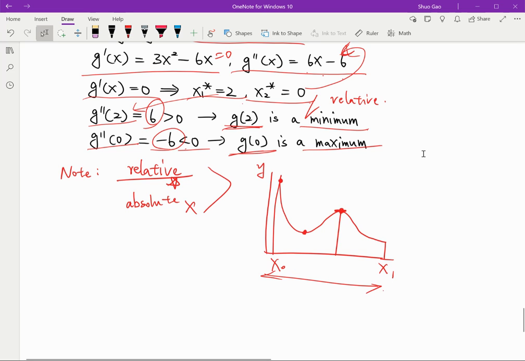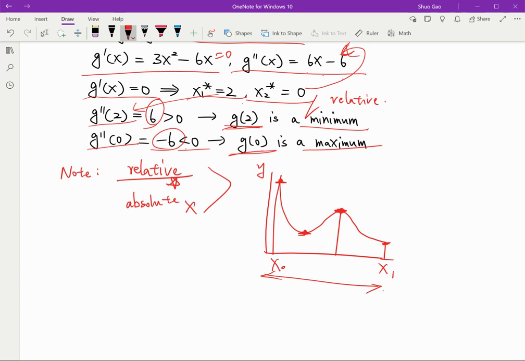We can know whether they are relative or absolute by comparing the stationary points here to the endpoint here and the endpoint here. So for this graph, we need to compare the 4 points.